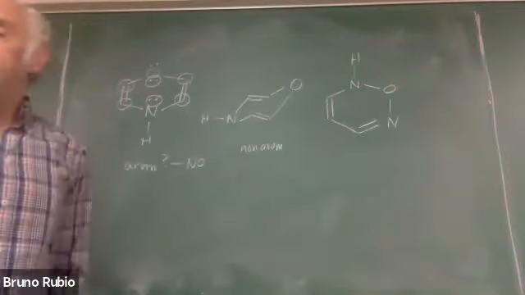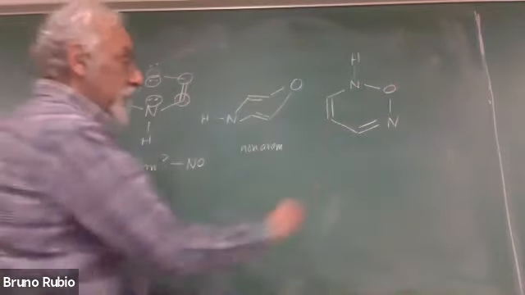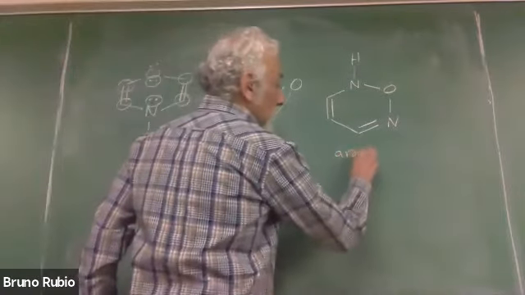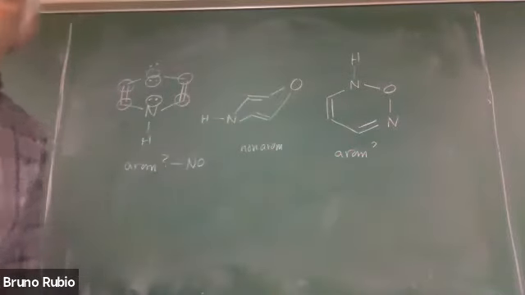Okay, so what about something like this? And again, let's table for the moment whether it's anti-aromatic or non-aromatic. Let's just see, does it fit the bill to be aromatic?